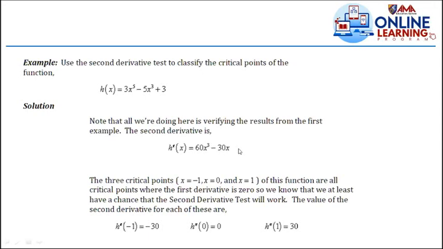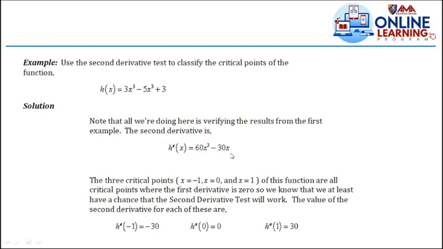That is their common factor, no? 30x quantity x squared minus 1. So 30x times x is x cubed, and 30x times 1 is 30x. So what's left here will be x squared minus 1.